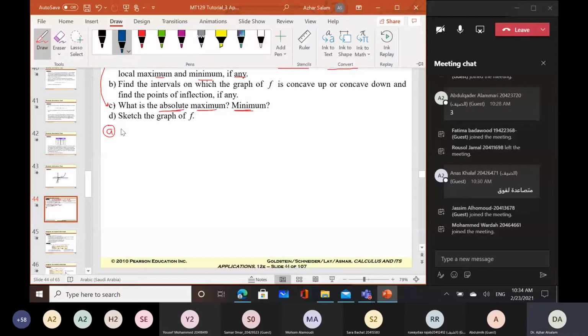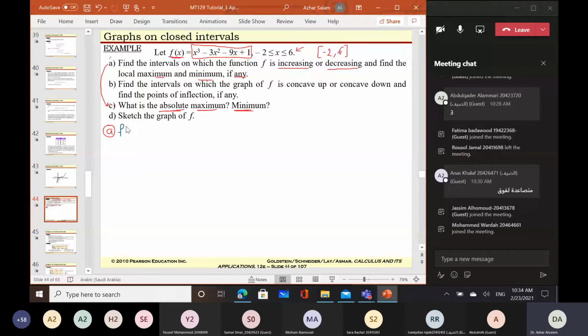I will find the intervals of increasing and decreasing, so I need the critical points. I will find the first derivative, f dash. I find the derivative of this function: 3x squared minus 6x minus 9. This is the first derivative.